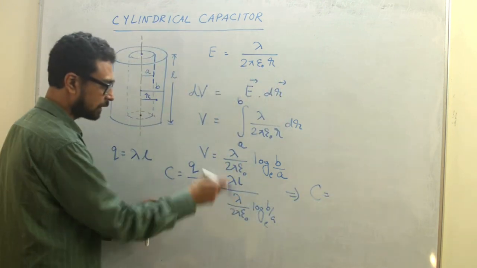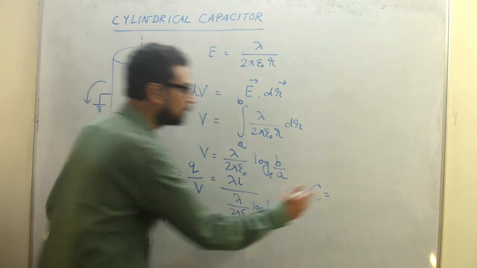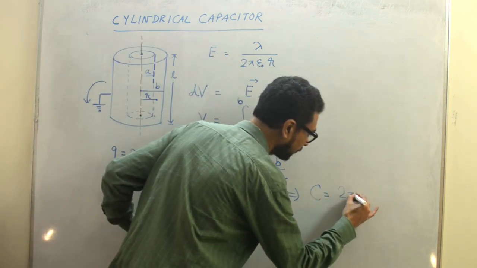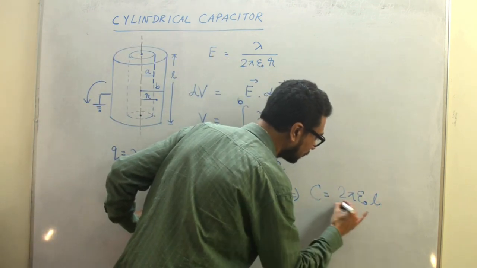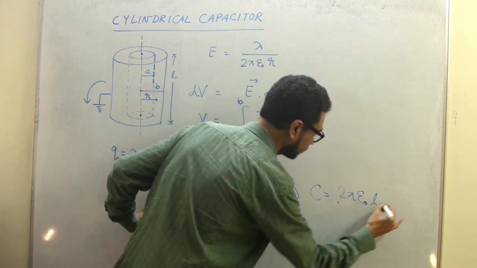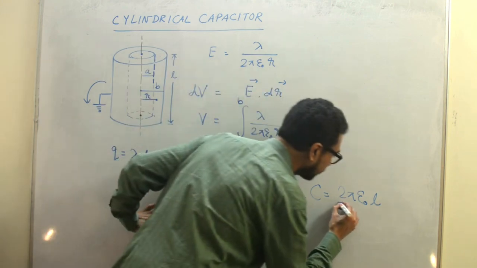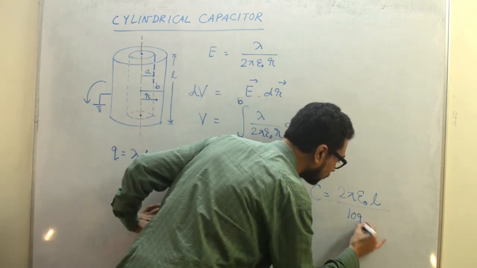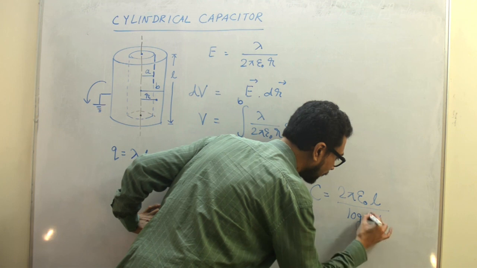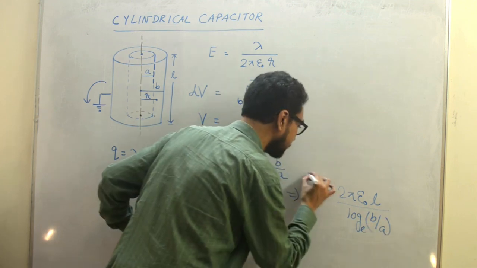You can understand this lambda, everything will get cancelled, and we will have 2 pi epsilon naught L, nothing else, divided by log B by A. So this is the expression.